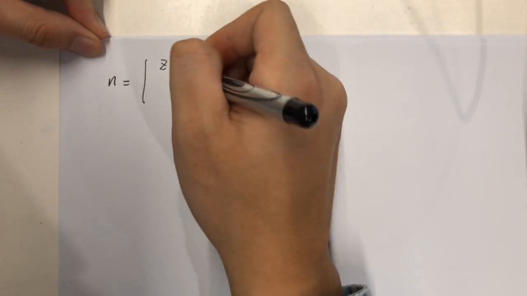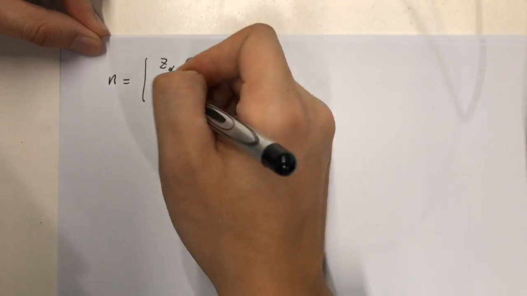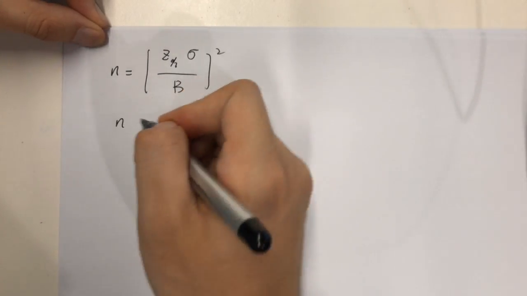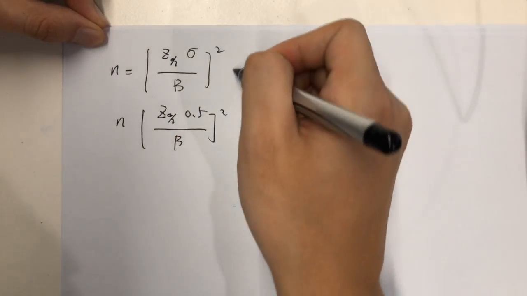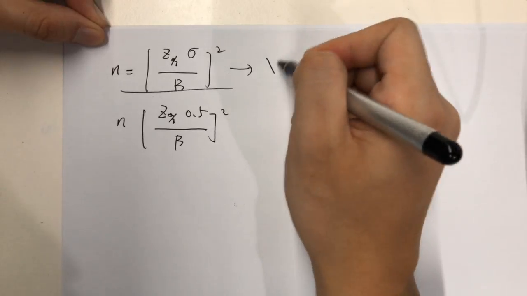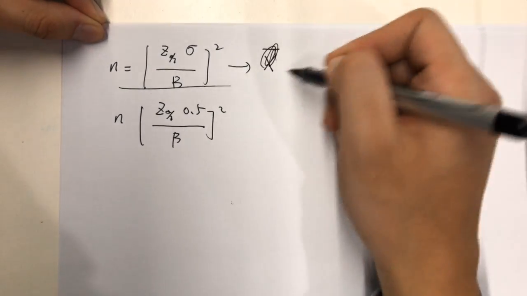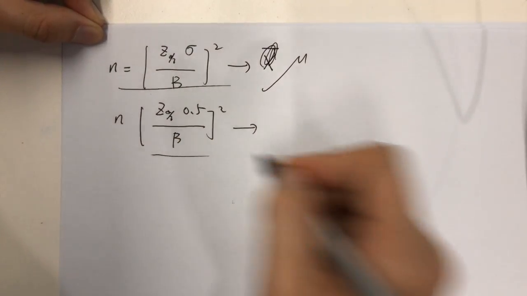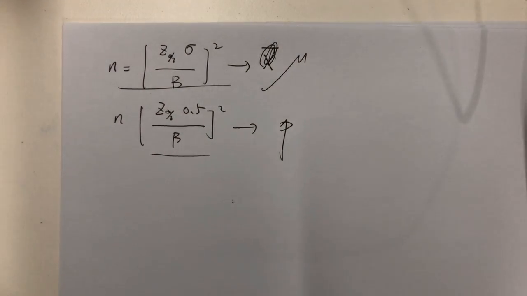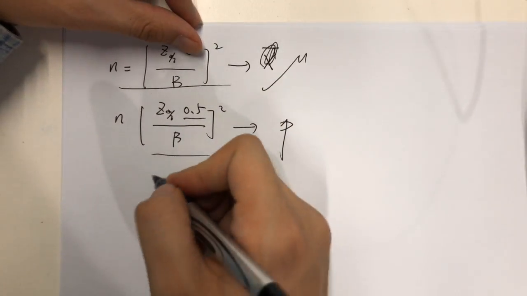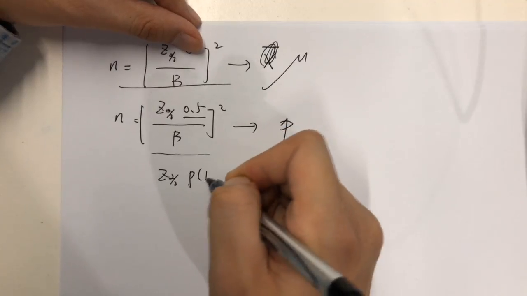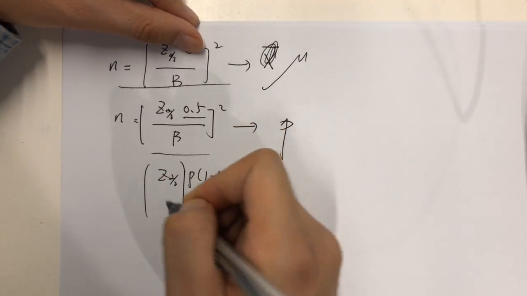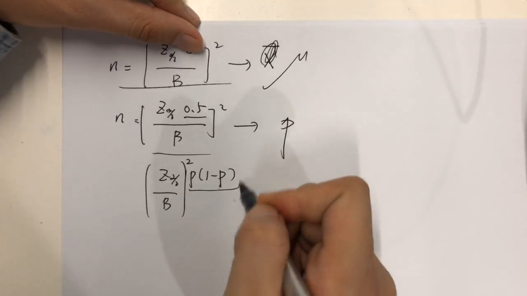So in your formula sheet, we have these two formulas. One is Z half alpha sigma divided by b squared, and the other one is Z half alpha 0.5 over b squared. So this sample size determination is for when you are estimating the population mean mu, and this is applied when you're estimating a population proportion, okay? Because here is supposed to be p times 1 minus p over b squared, right?